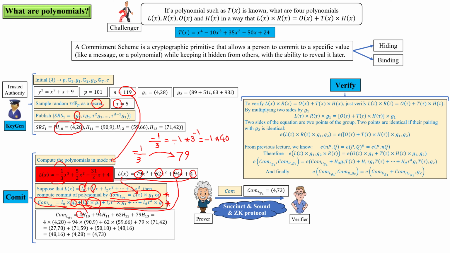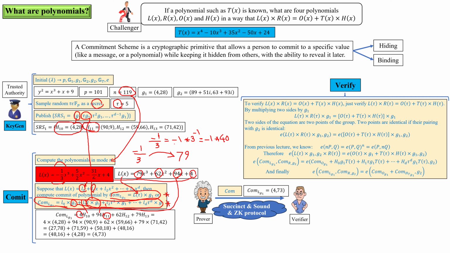So how does the prover know the value of tau multiplied by G1? It is a value already computed by the trusted authority and shared in the SRS. Tau multiplied by G1 equals H11, right? So this value is multiplied by H11.